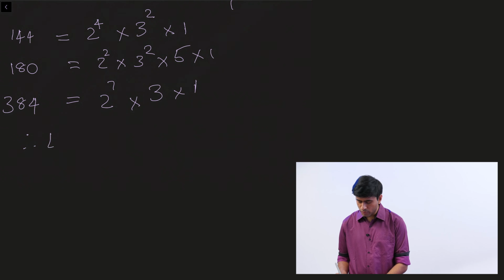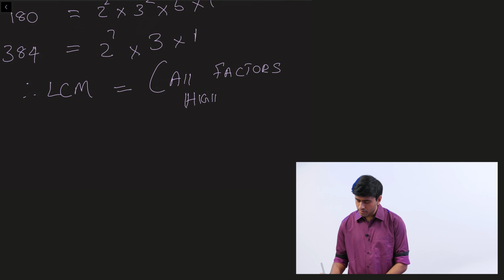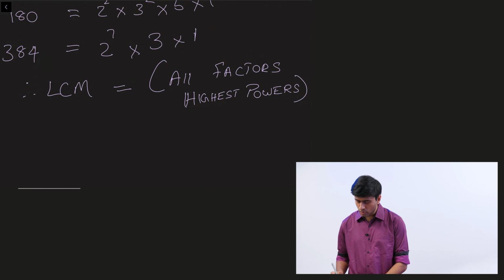Therefore, now we know how to do LCM. Remember, you have to take all factors but the highest powers. This is how you take the LCM. All factors have to be considered, but the highest powers only. So what are the factors?